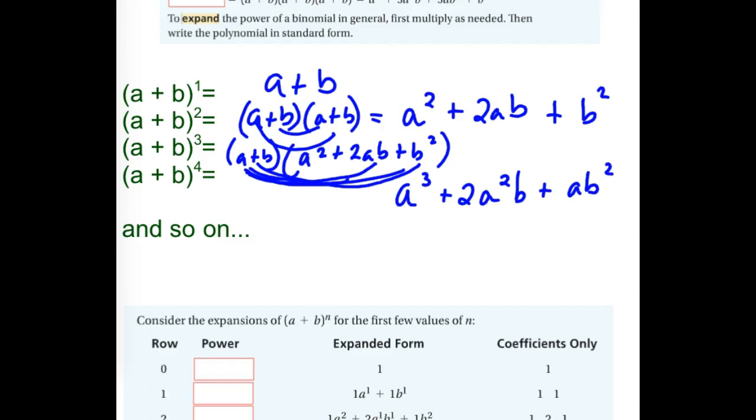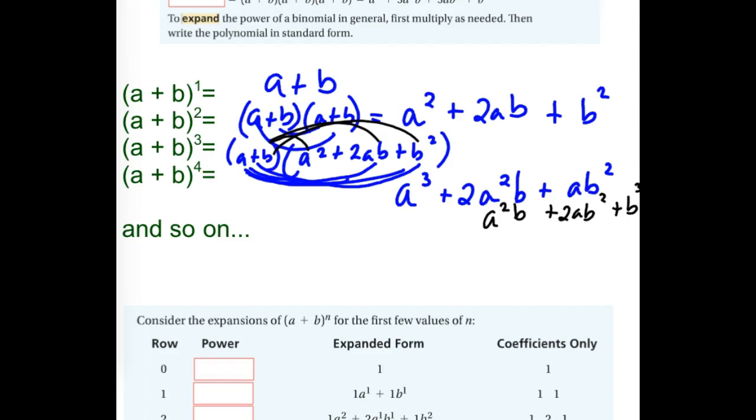ab squared. Yes? Okay. Now I go through and I multiply b to everything. B times a squared is another a squared b, right? I already have a term like that, so I'm going to line those up together. B times 2ab gives me 2ab squared, and b times b squared gets me b cubed.